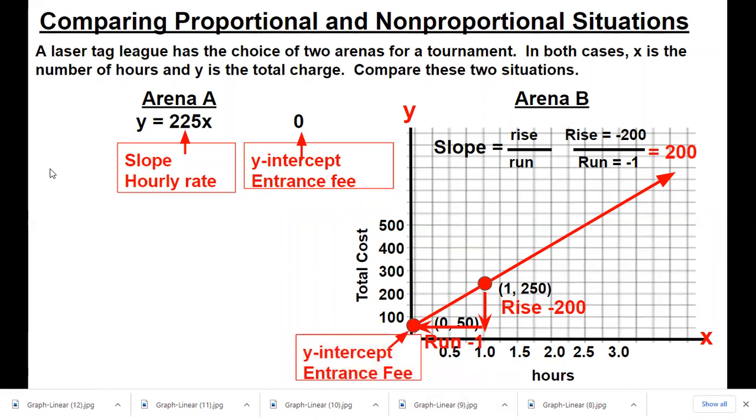So the y-intercept entrance fee is $50. So which is your better deal? This is the equation for this graph: y equals 200x plus 50. There's your $50 entrance fee and your $200 an hour rate.